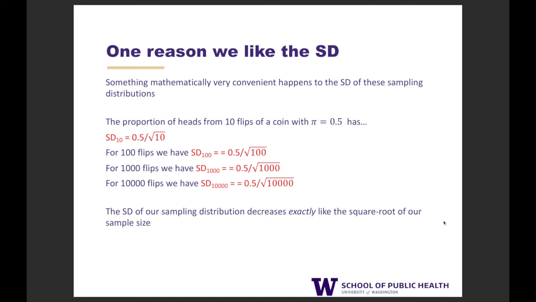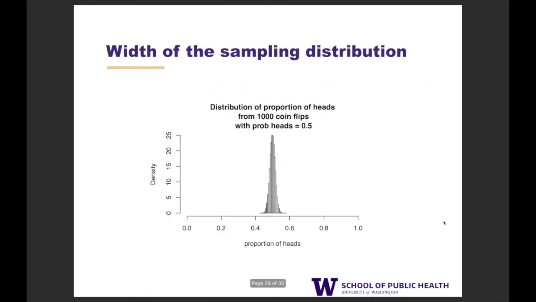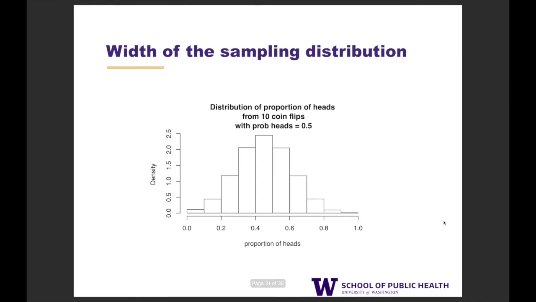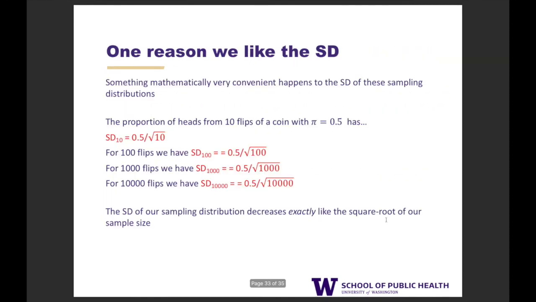And we see that there's this really beautiful and convenient mathematical relationship for the standard deviation of sampling distributions as we think about increasing the number of samples we collect. We're going to talk about this with regard to coin flipping and proportions, but it actually is a much more general phenomenon.